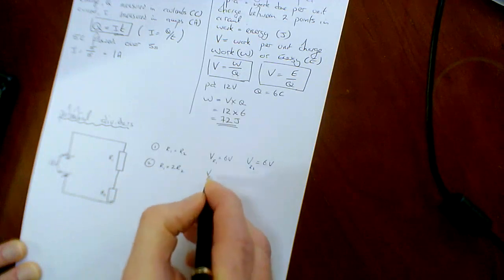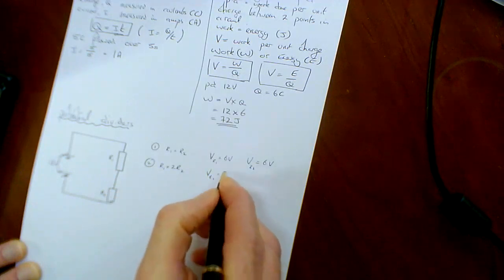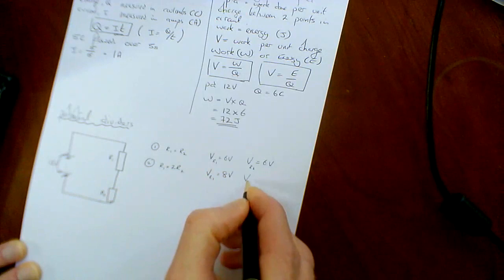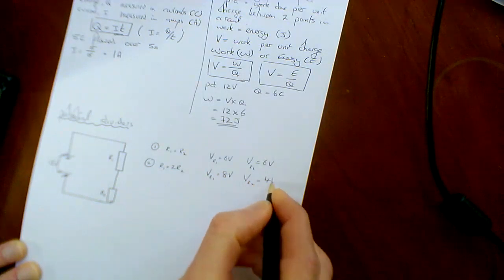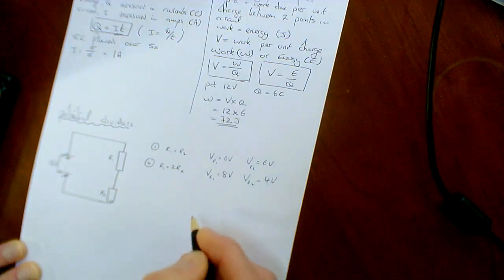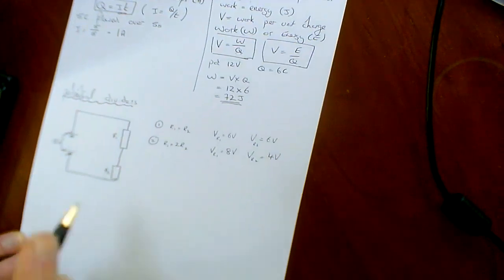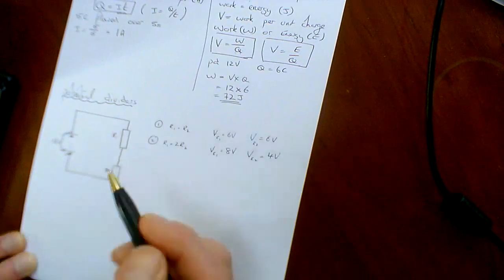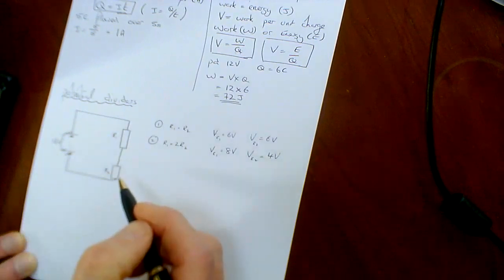So the PD across R1 would be 8 volts and the PD across R2 would be 4 volts. So with these nice easy ratios, it's easy to work out. But what you might say, or what you might end up with, are two numbers that are not multiples of each other.